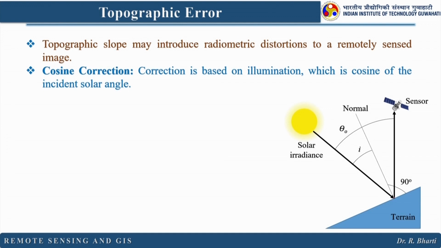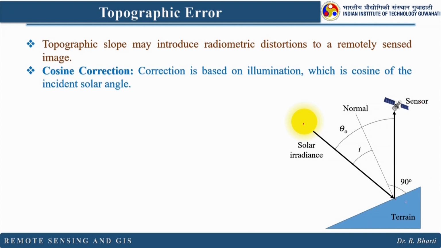If this is the normal to this particular surface, and the sun is located here and it is illuminating this one, and the sensor is here. So what is happening here? We assume in the image it will appear like this is a horizontal plane, but it is not, because it is having this slope, right.